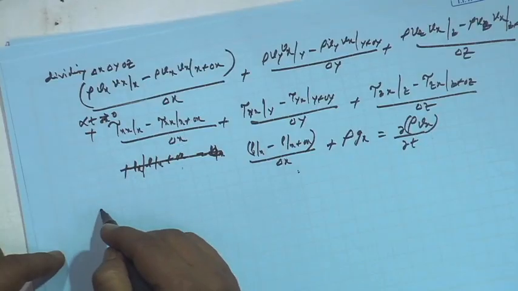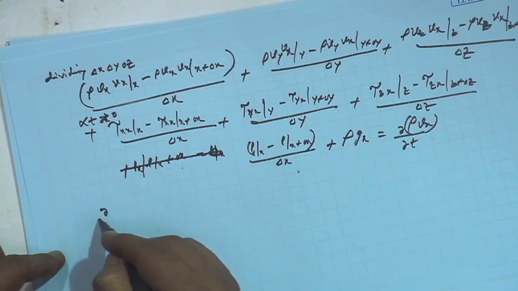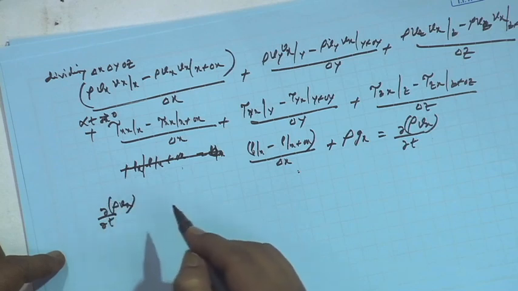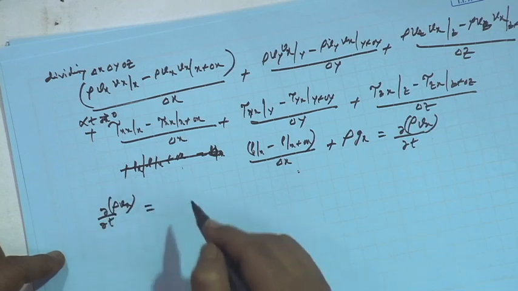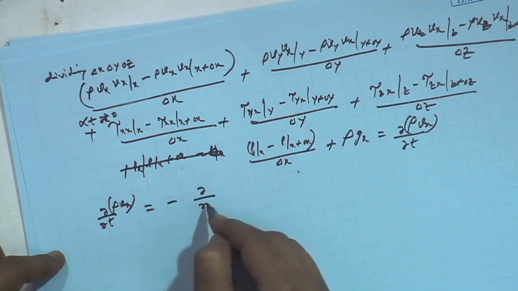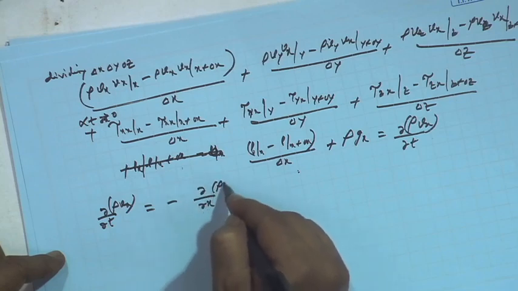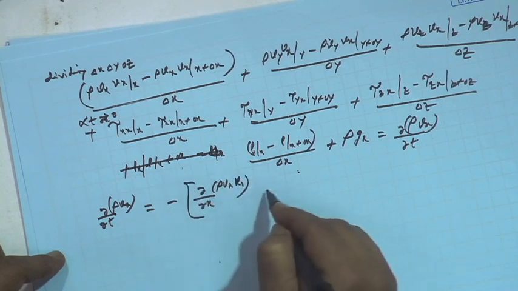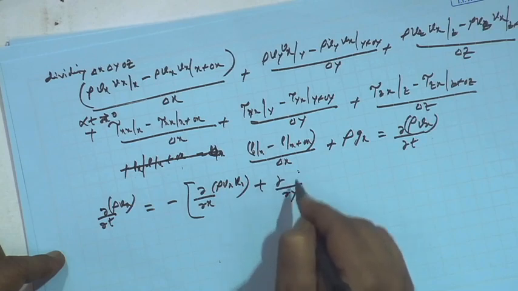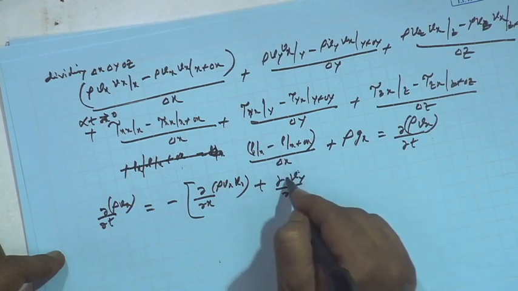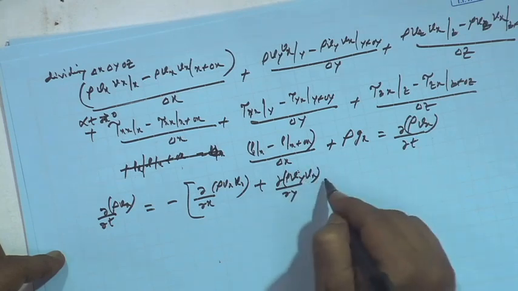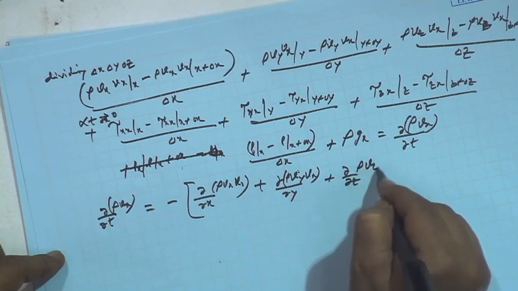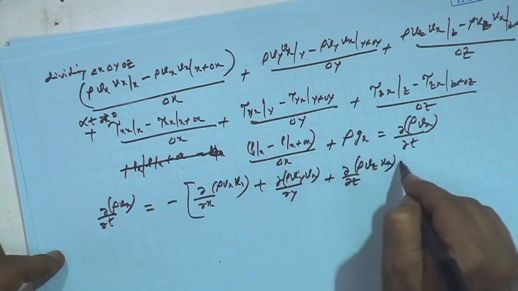So, we can write then this is nothing but del rho Vx by del t, right. This is equal to minus del by del x of rho Vx into Vx, right, plus del by del y of rho Vy into Vx, right, plus del by del z of rho Vz into Vx, right.